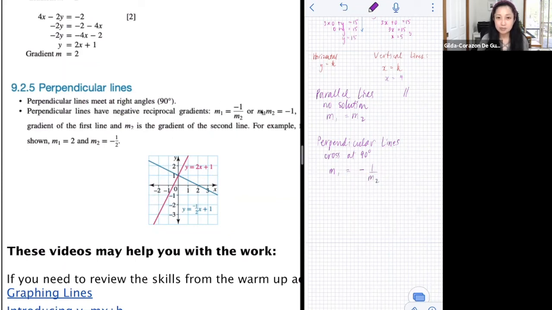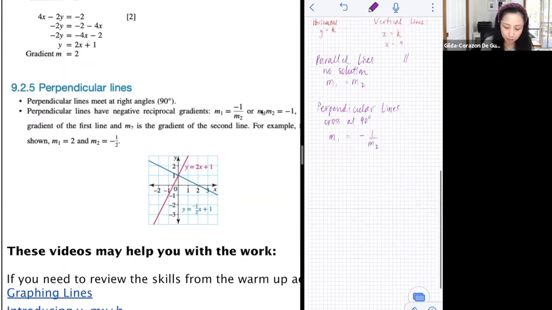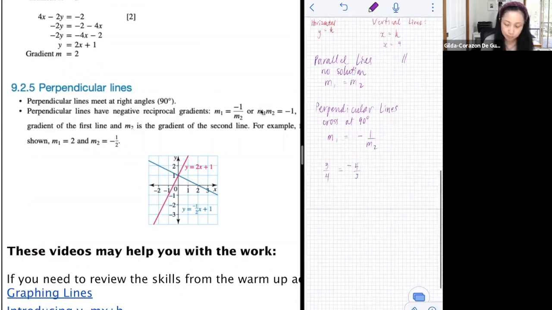When I say reciprocal, if I have 3/4, the reciprocal of that would be 4/3. But I don't want to just have the reciprocal, it must be the negative reciprocal. So if M1 is 3/4 and M2, the gradient of the other line, is negative 4/3, then you can say that line 1 is perpendicular to line 2.